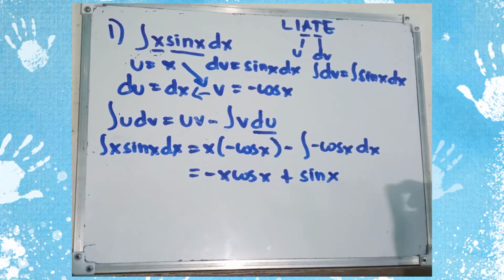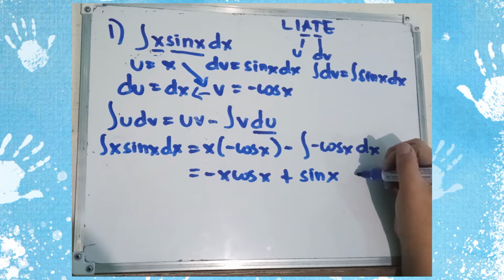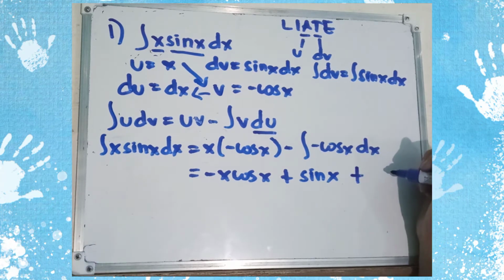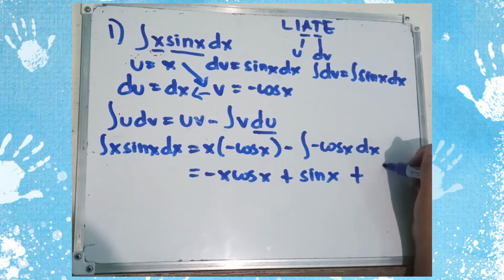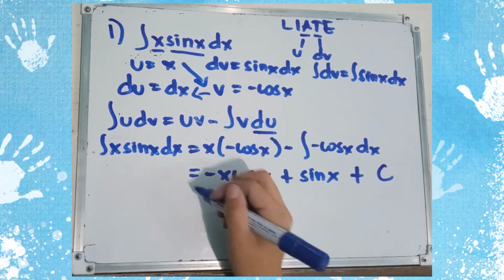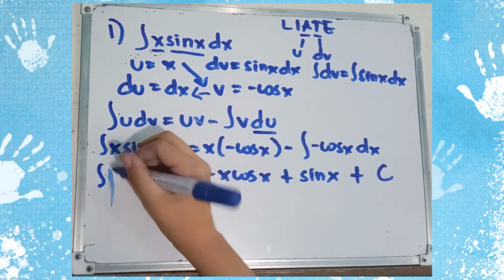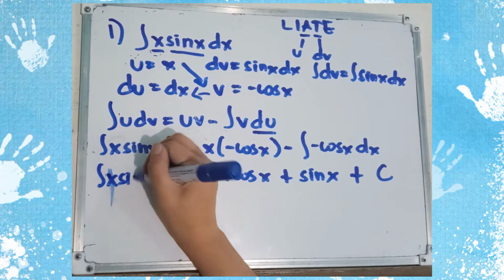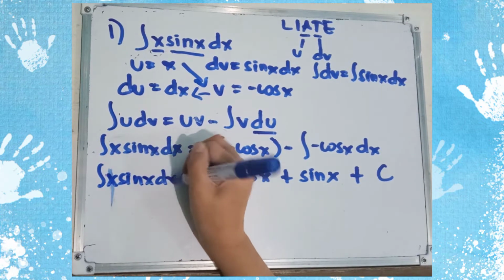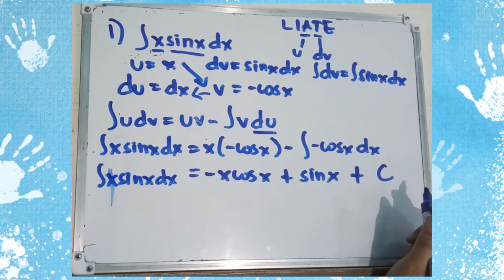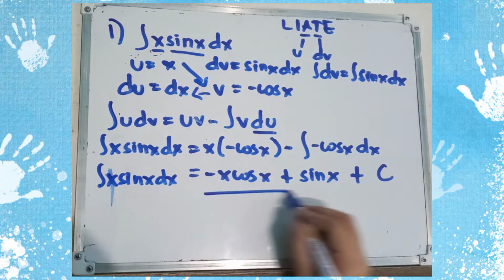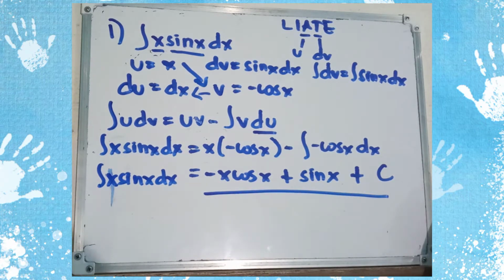And since we're done, do not forget the constant of integration, c. So the integral of x sine x dx using integration by parts is negative x cosine x plus sine x plus c.